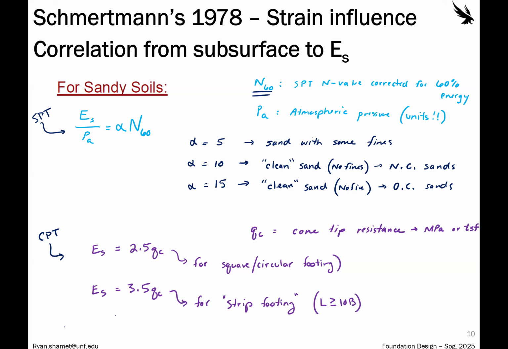So if you have a rectangular footing, then you just use your judgment in between those two functions. Square is 2.5, and you might linearly interpolate or just choose a value between 2.5 and 3.5. So these are the most common correlations that we use for this.